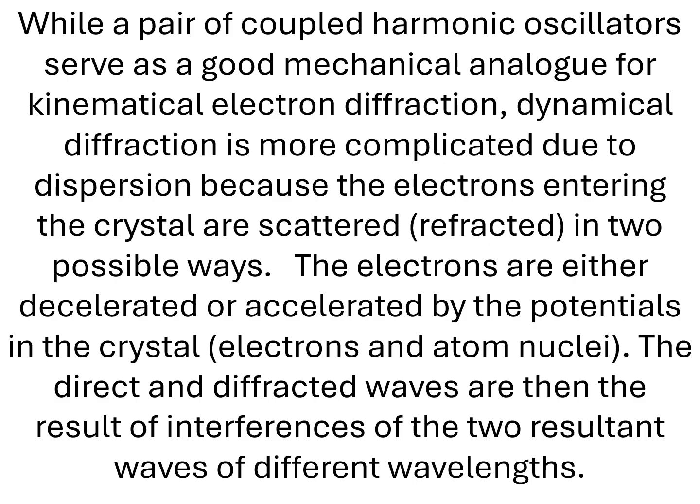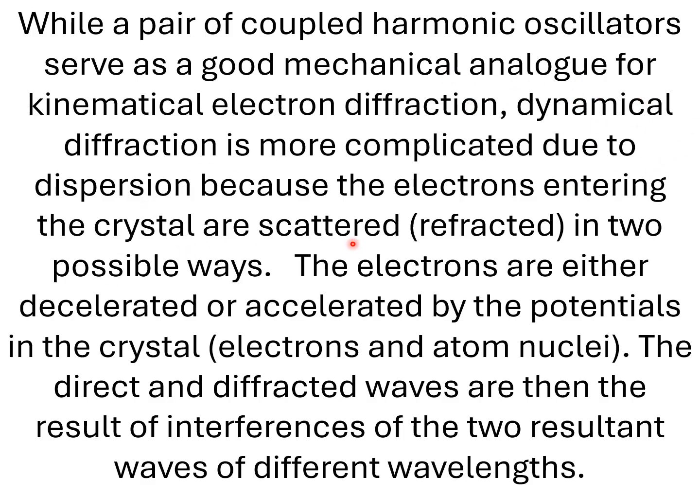So while a pair of coupled harmonic oscillators serve as a good mechanical analog for kinematical electron diffraction, I didn't mention that it was kinematical, but that's single events, if you like. Dynamical, actually, I'm not even sure that that's correct. Let's just say it's a reasonable mechanical analog.